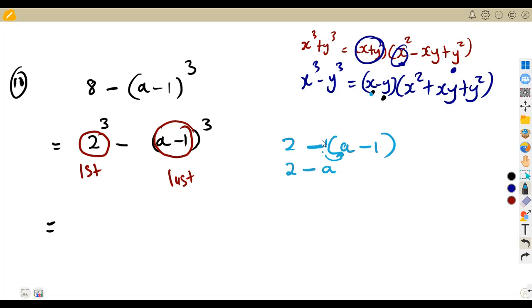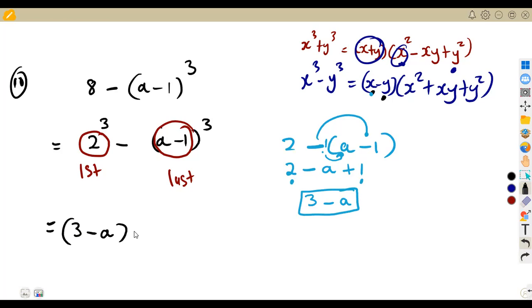That's minus a, and minus 1 times minus 1 is a positive 1. So 2 plus 1 gives us 3, and on a, it just remains as minus a. So after being simplified, this whole part gives us 3 minus a.